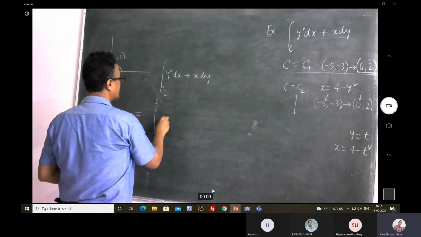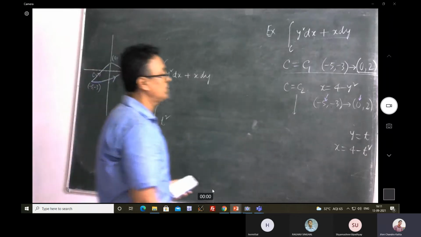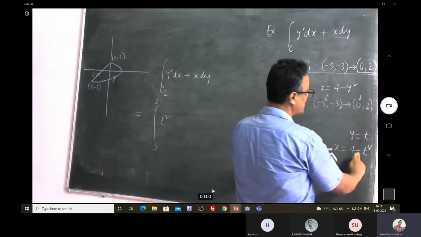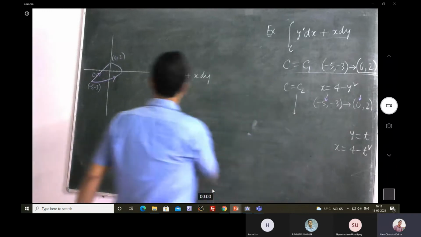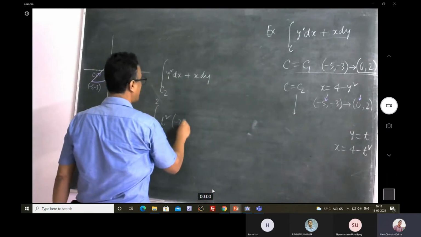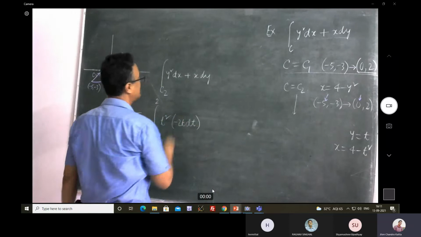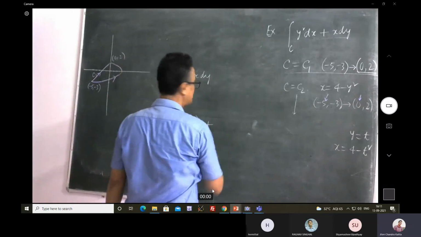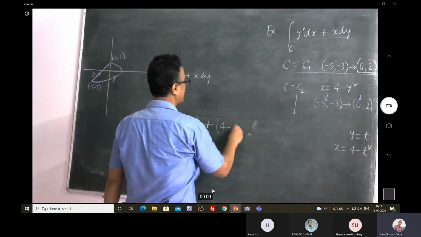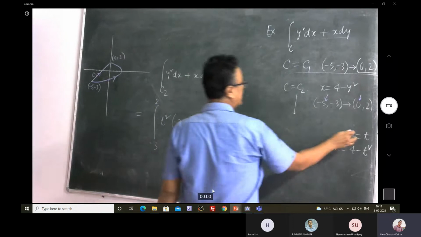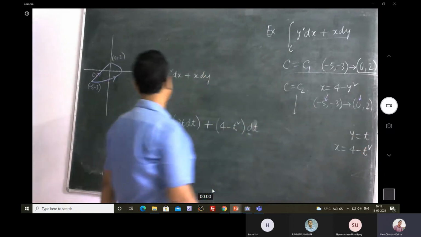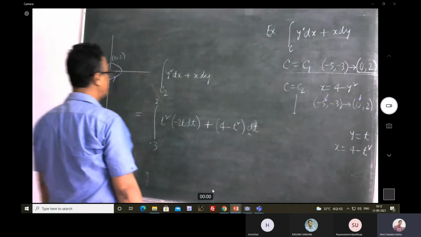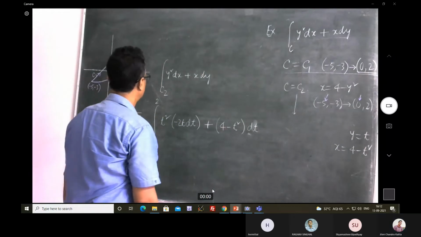Now dx is going to be minus 2t dt, isn't it? So dx is minus 2t dt, and x is 4 minus t squared, and dy is simply dt. Again, simply do the stuff.